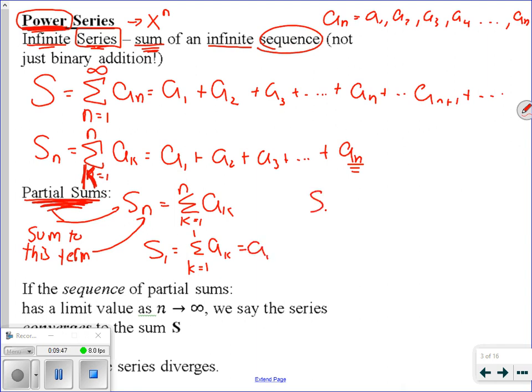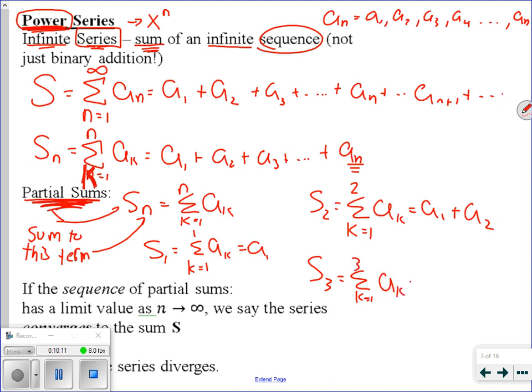If I were to say S sub 2, that would mean take the sum of the first term to the second term, so a sub 1 plus a sub 2. Or if I were to say the sum of the first three terms, 1 to 3, that's going to add up from my pattern the first term plus the second term plus the third term, and so on.